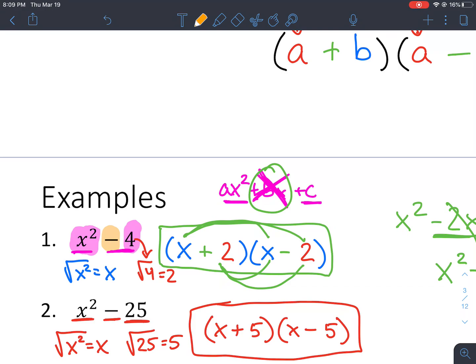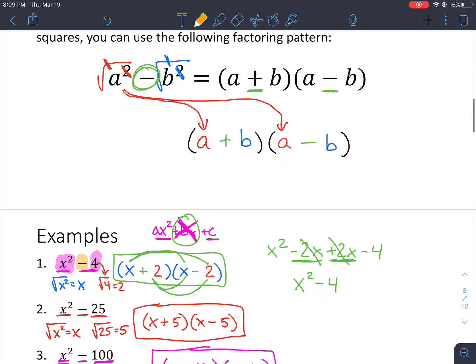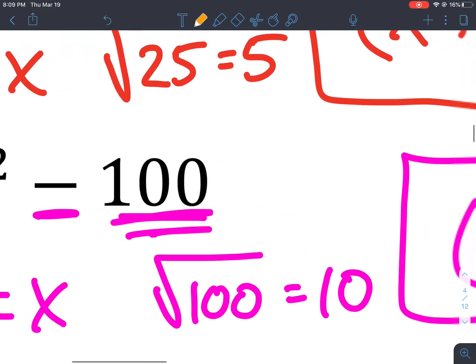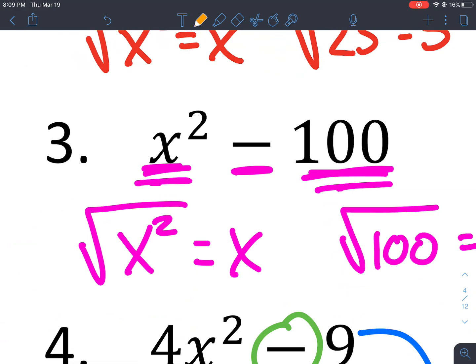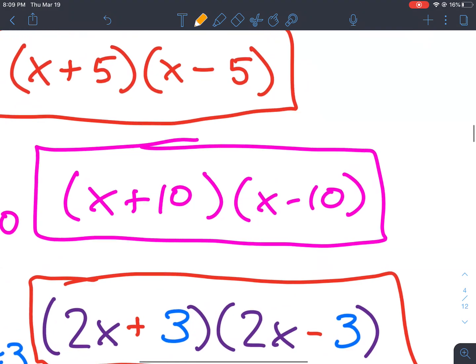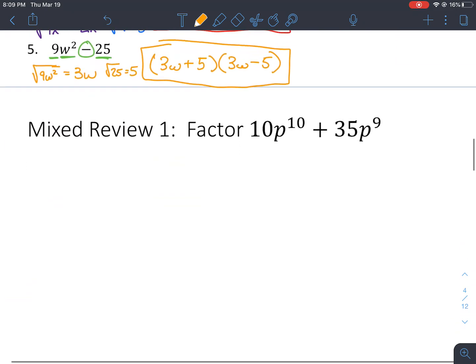How do I know when it's just a regular GCF problem? Okay, so we're going to talk about each of those. But when we have difference of squares, we want the first value to be a perfect square, we want the second value to be a perfect square, and we want to be subtracting them. When that's the case, we do the square root of the first, square root of the second, and then flip the signs on the inside. One's plus, one's minus. Okay?